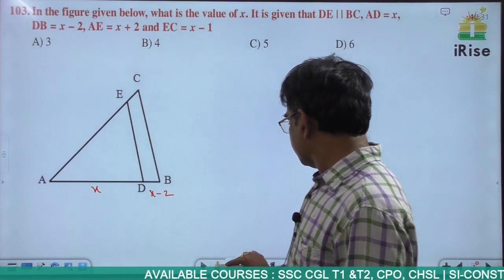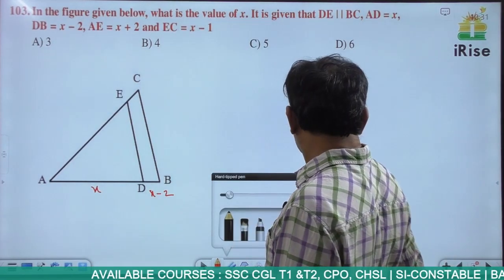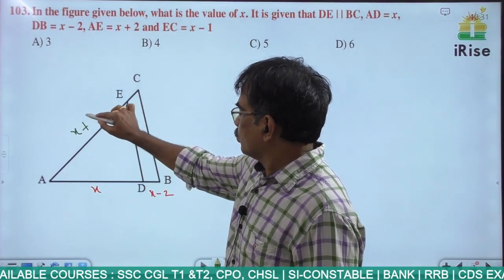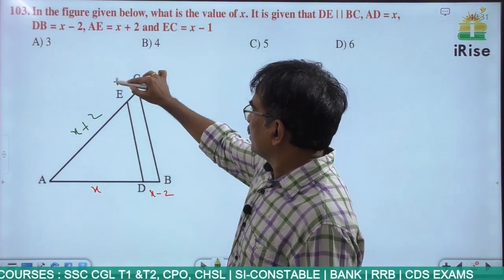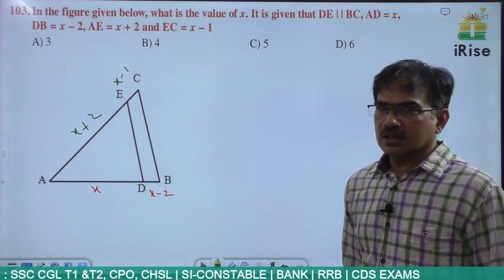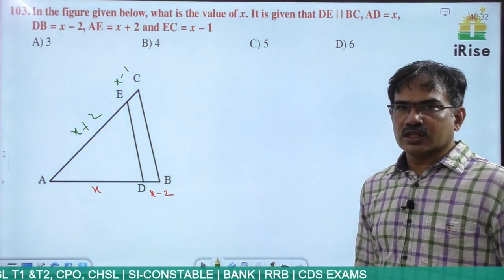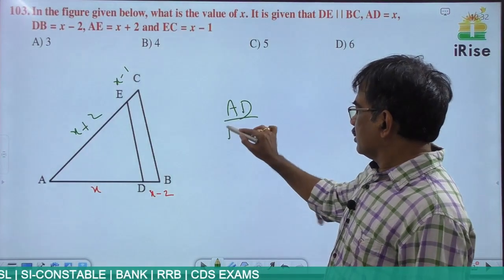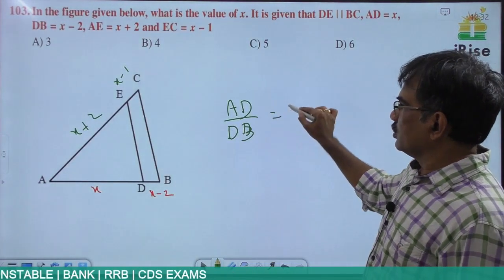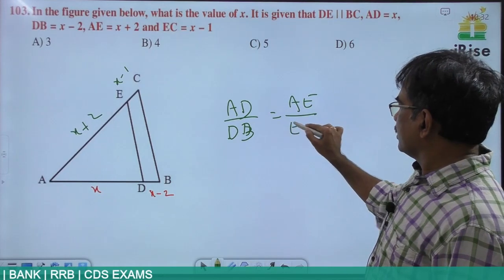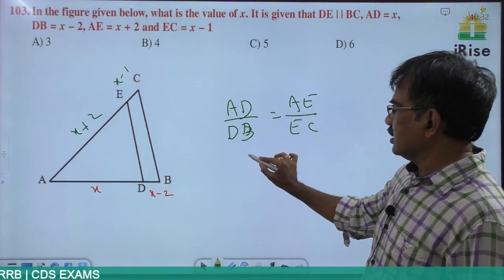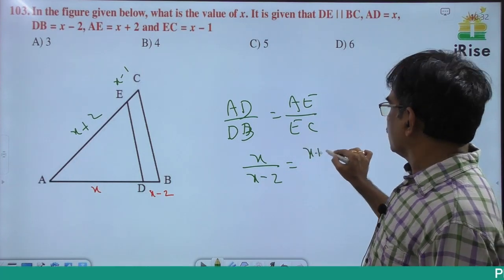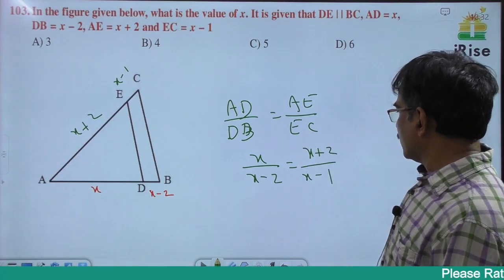AE is x plus 2, EC is x minus 1. Then use the basic proportionality theorem. AD by DB is equal to AE by EC. AD x by x minus 2 is equal to x plus 2 by x minus 1.